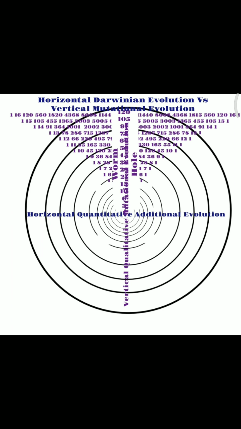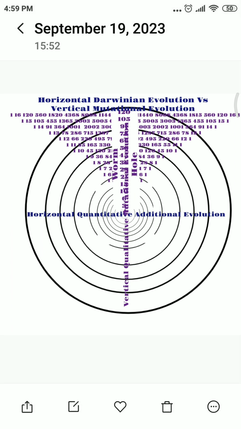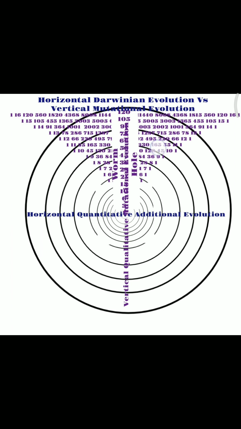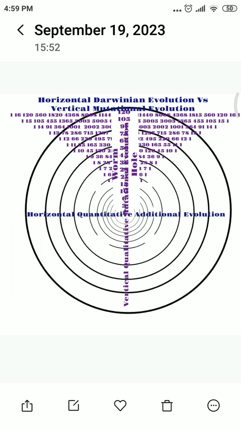Einstein explained space-time like this. It's like a paper folded, and both ends of the paper meet here. This is one end, this is the other end. There is a direct path from here to here, but otherwise you have to traverse this whole path, right?